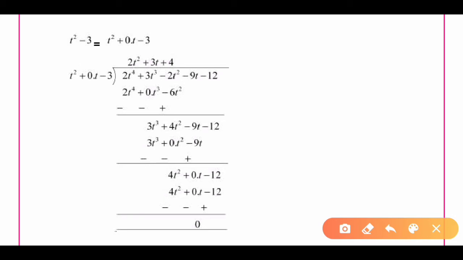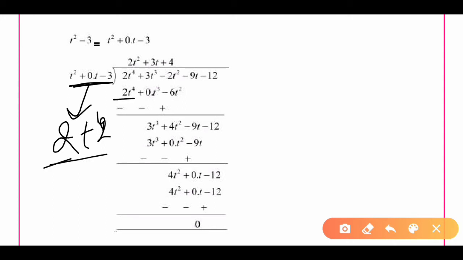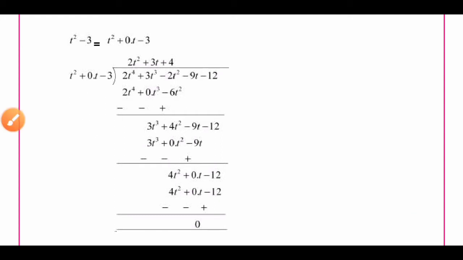So after multiplying this equation by 2t square, we will get 2t raised to power 4 minus 6t square. So replacing the values below the corresponding powers, we will get this term.